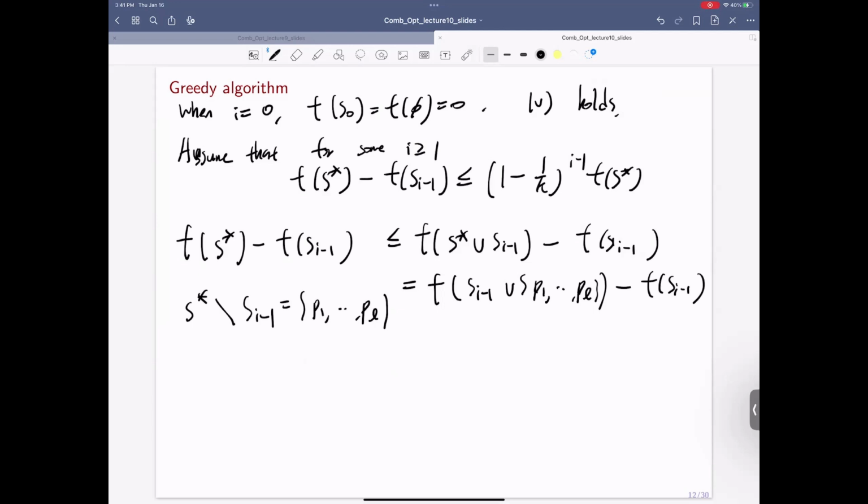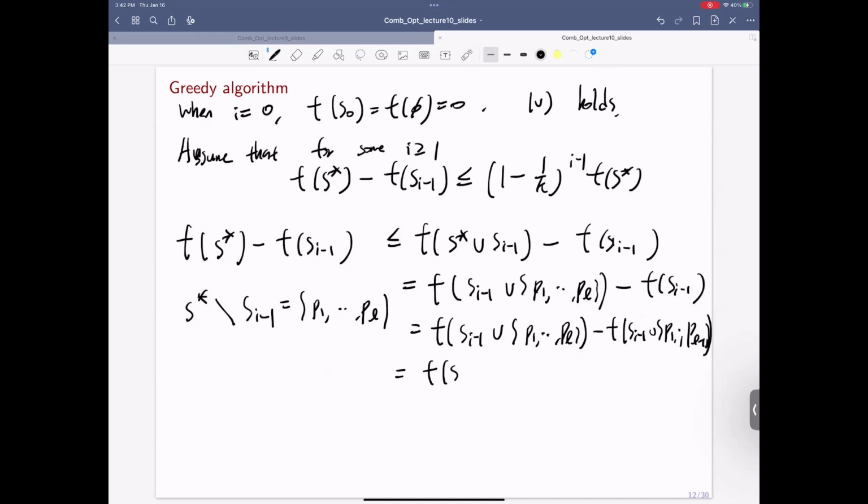So this is equal to the following: f of S_{i-1} union P1 through PL, minus f of S_{i-1} union P1 up to P_{L-1}. I'm going to define a telescoping sum.